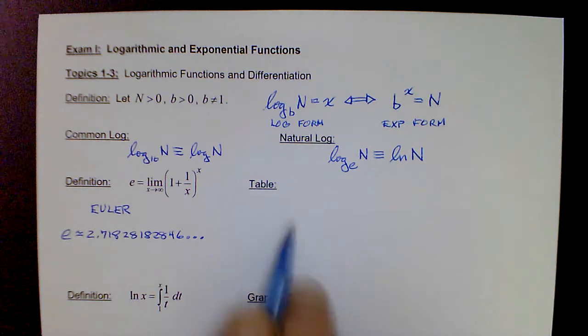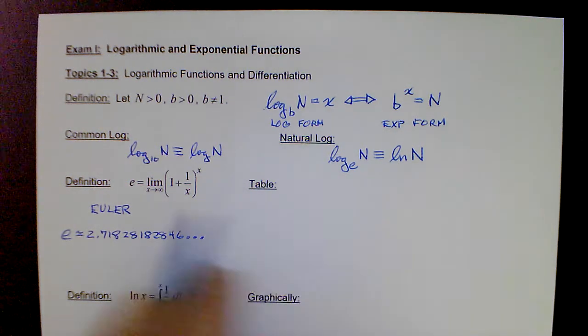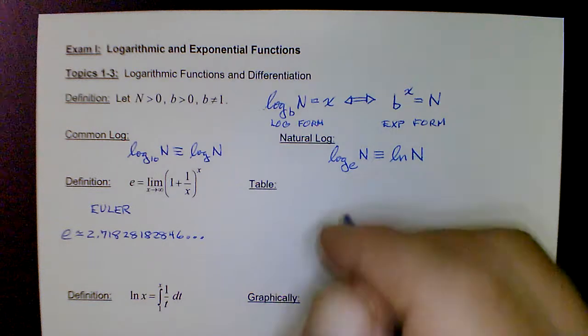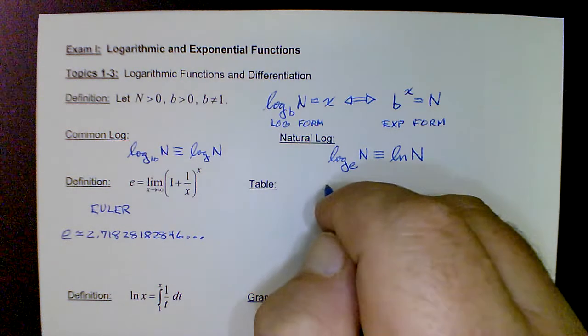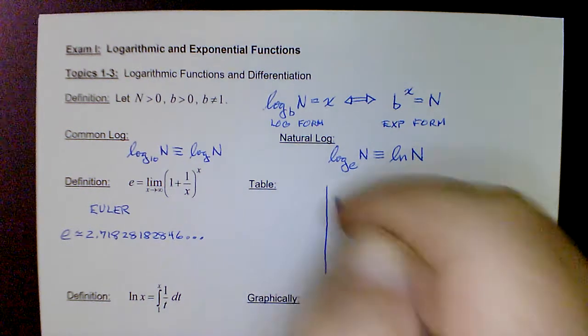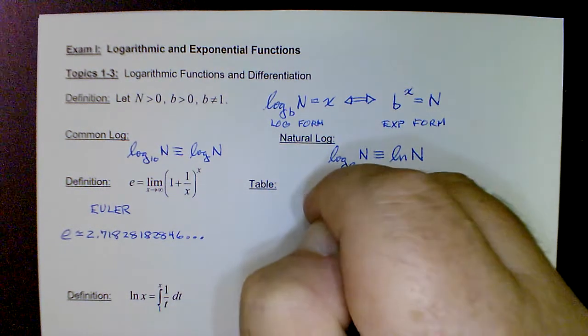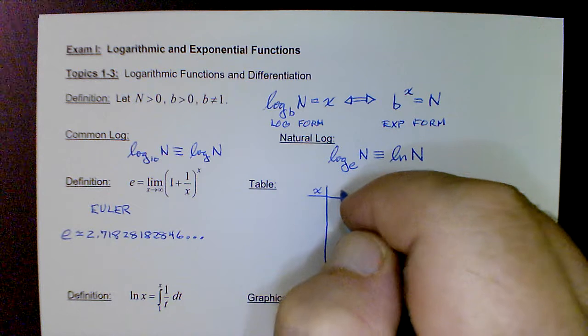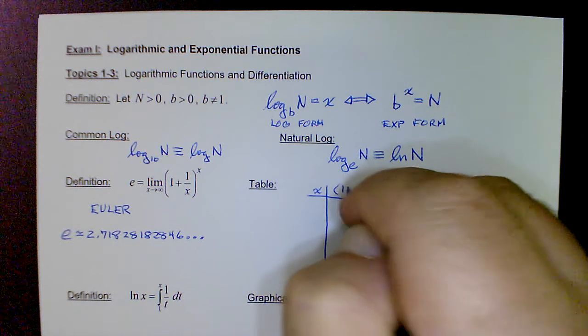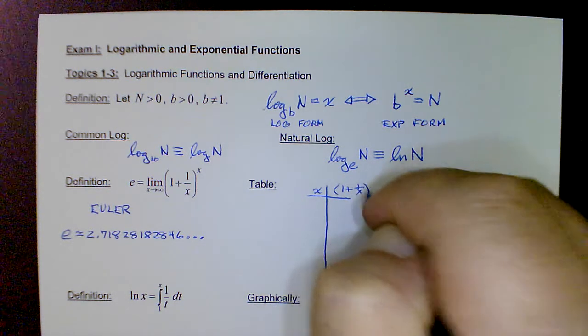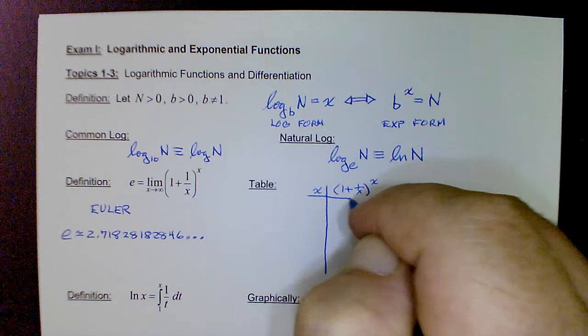Now, just to get a sense of how this definition provides us with this number, let's create a quick table here. So I'm just going to choose values of x, and then look at the expression 1 plus 1 over x raised to the x power.